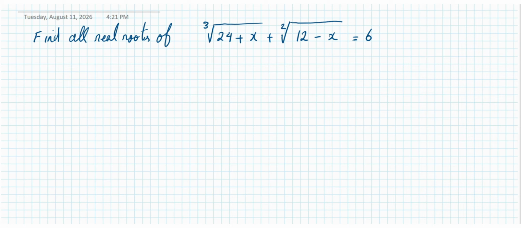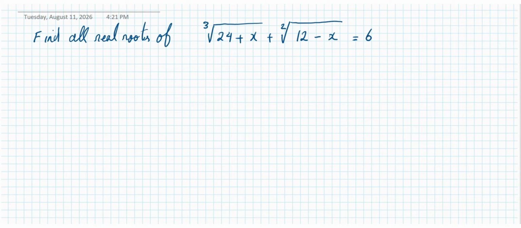We first establish a condition for the solution of this equation. For the first term, the cube root, we don't have any condition on x because it works for any value of x.